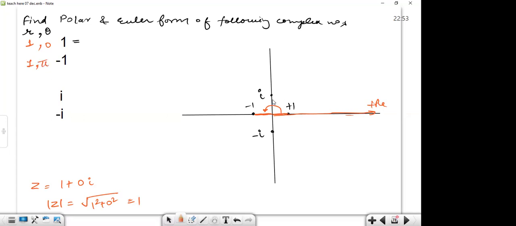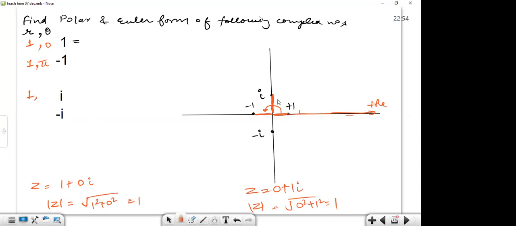Yeah, let's talk about iota. What is this length? 1. How 1? z is equal to 0 plus 1 iota. So if we take its magnitude, square root of 0 square plus 1 square, simply 1.